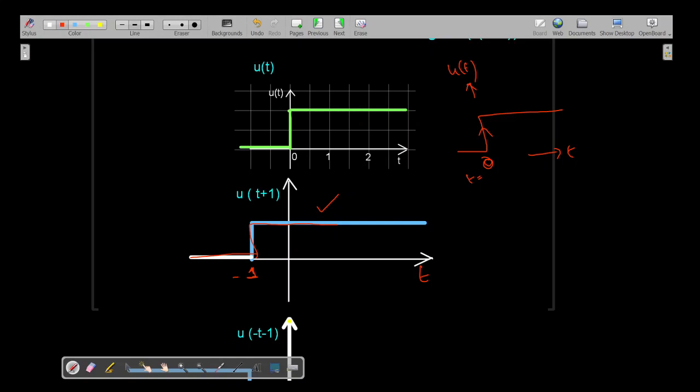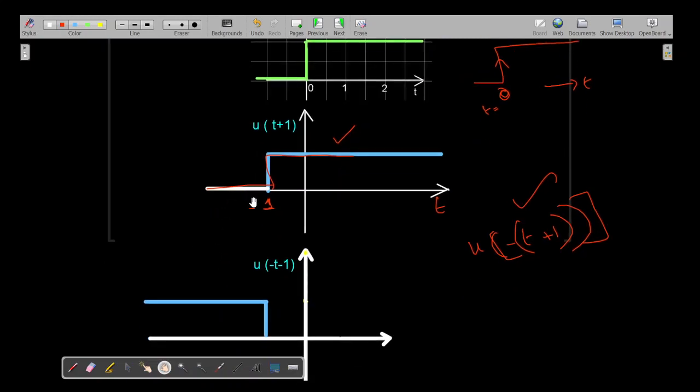Then what is this minus of? We want to find u of minus of t minus 1, that is u of minus of t plus 1. This is what we need to find out, isn't it? So for this, simply rotate it.